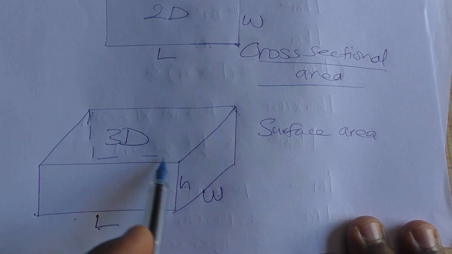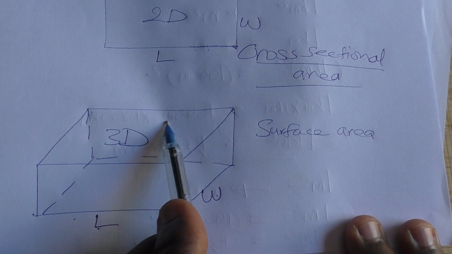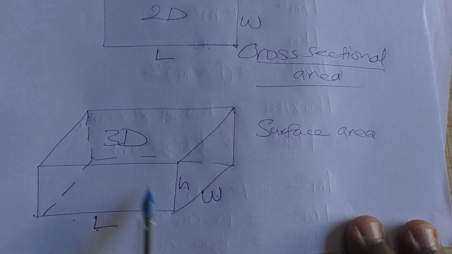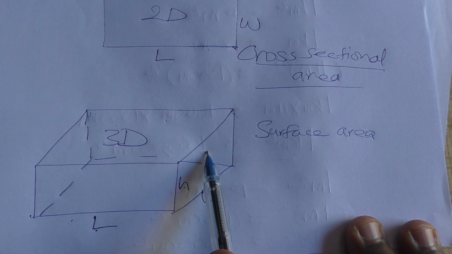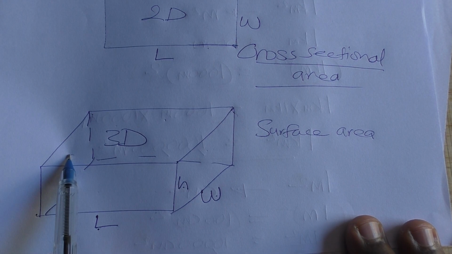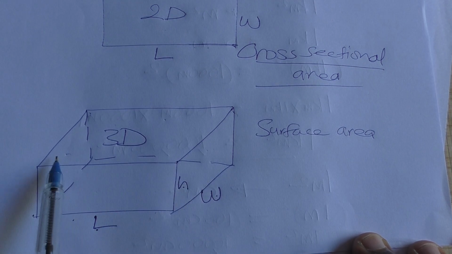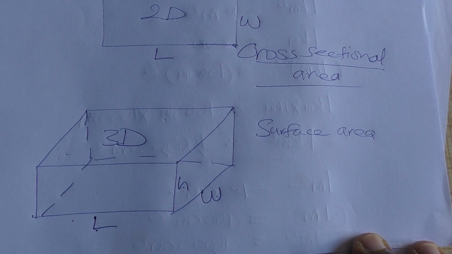We can maybe trace it. They are equal. So we get the area of this plus the area of this. The same applies to this, which has an equal but opposite face, the other side. So we get the area of this and that. Then even the top has its base down. So those are the 6 faces.